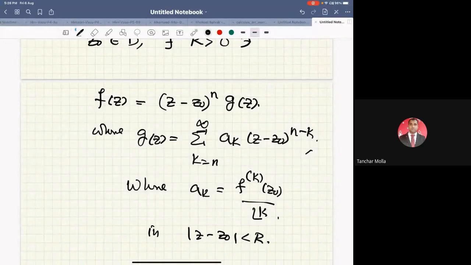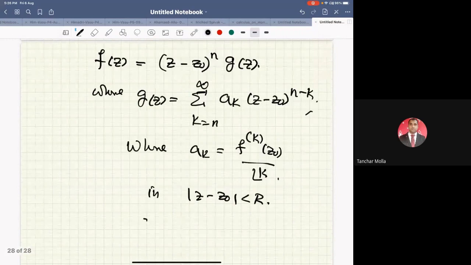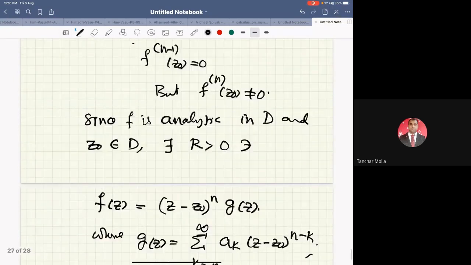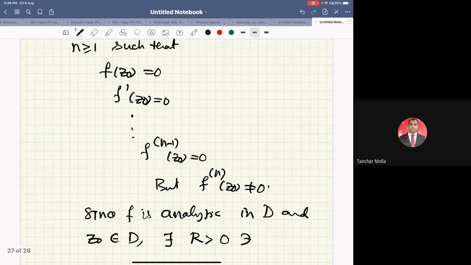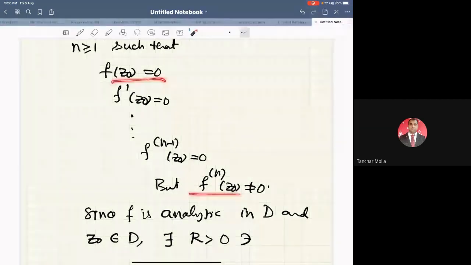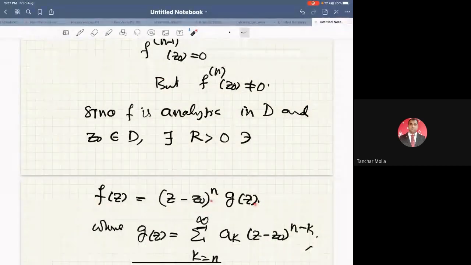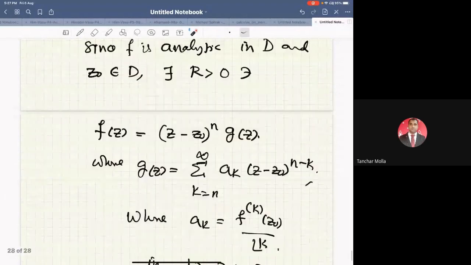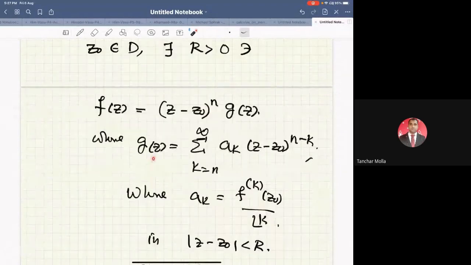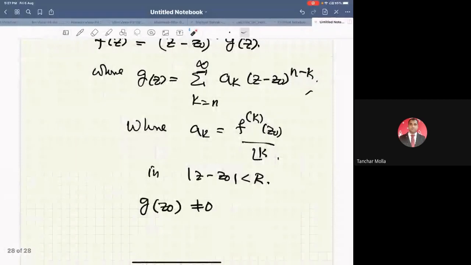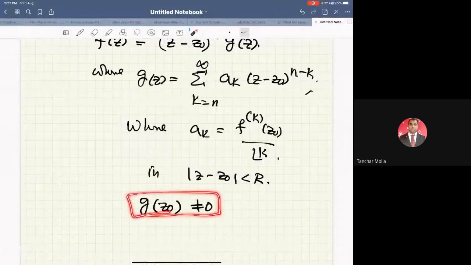And moreover, our g of z naught is not equal to 0. So this is what we proved: if z naught is a zero of order n for f of z, my f of z can be written as (z minus z naught) whole to the power of n into g of z, where g is an analytic function and g of z naught is not equal to 0.